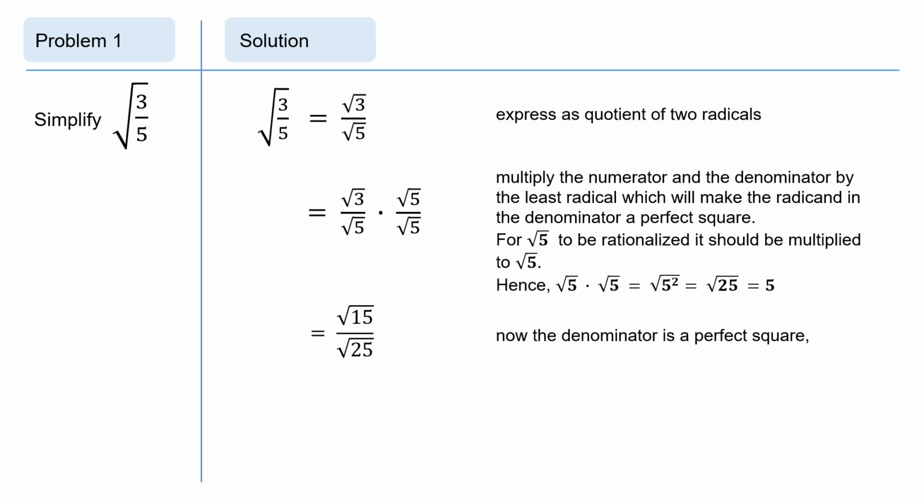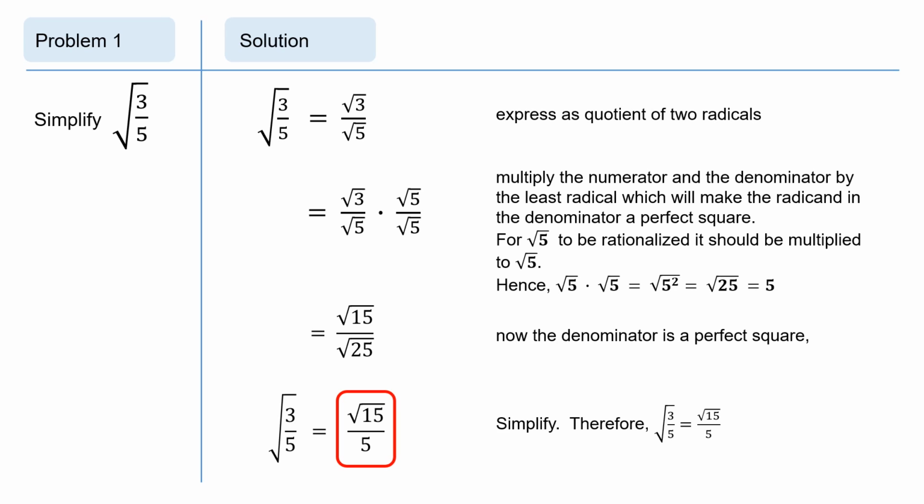Kaya naman, we have the square root of 15 over the square root of 25. Now, the denominator is a perfect square. Simplify, therefore, final answer is the square root of 15 over 5.